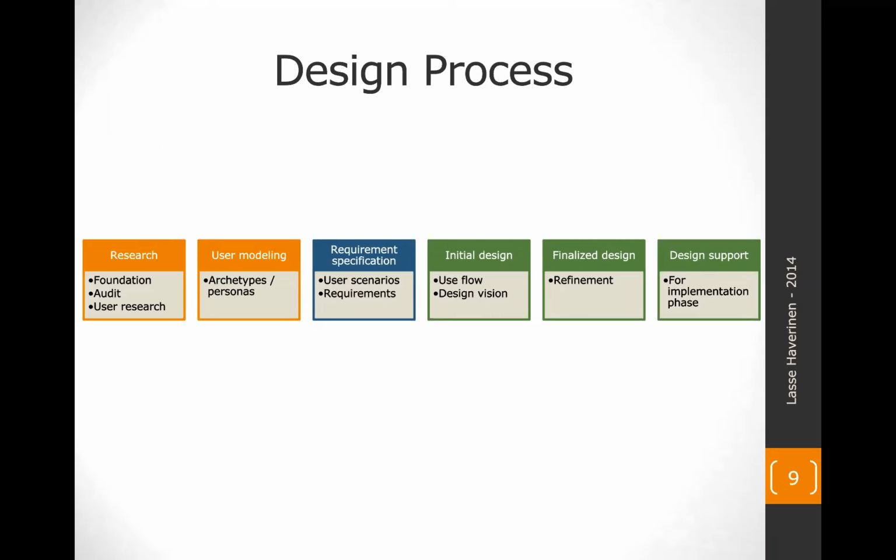And then when you have the requirements in place, that is what this should do, then the actual design process starts, and in this design process you must answer the question of how the things you have listed in the requirements are achieved in the application.